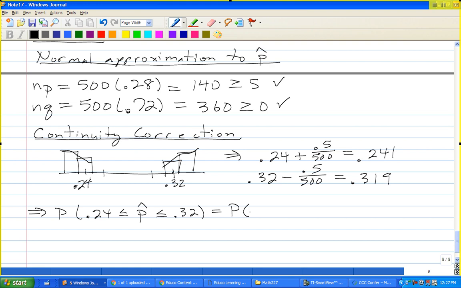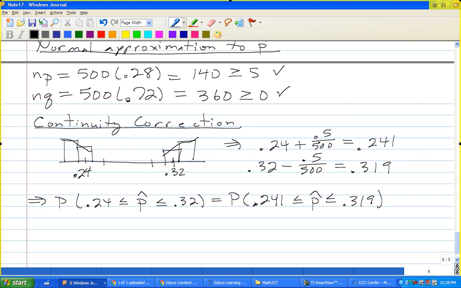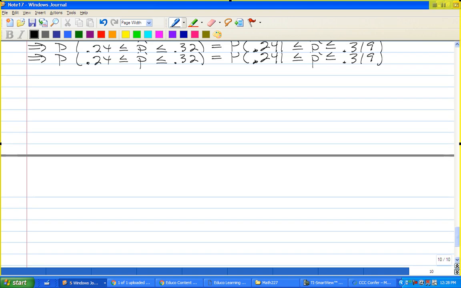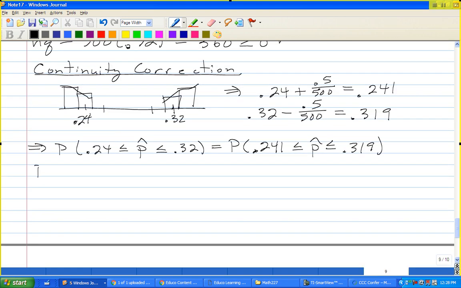Probability x is between 0.241, the sample proportion, and 0.319. So let's determine my parameters for the normal approximation.